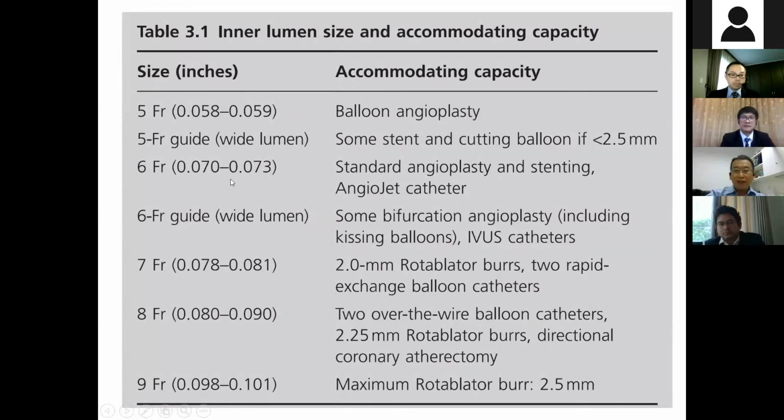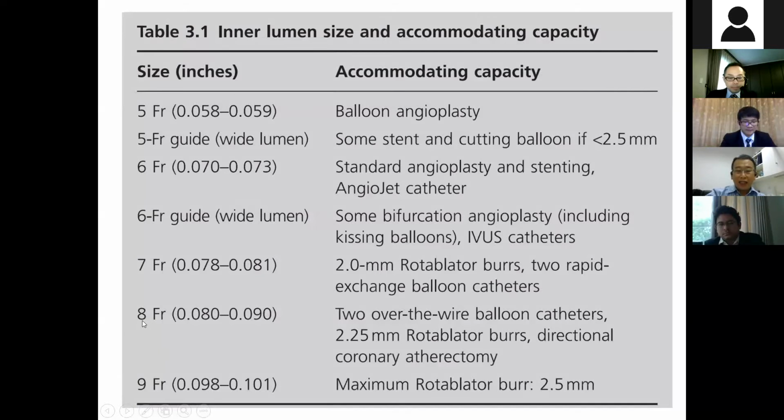Or 6 French is a standard for angioplasty with stenting, and you can use the AngioJet catheter inside this. But for a wider lumen, you can do some bifurcation, including the IOS catheter. And for 7 French, I think this is good for the use of complex devices such as a big burr rotator, or 2 rapid exchange balloon catheters, even 2 simultaneous stenting.